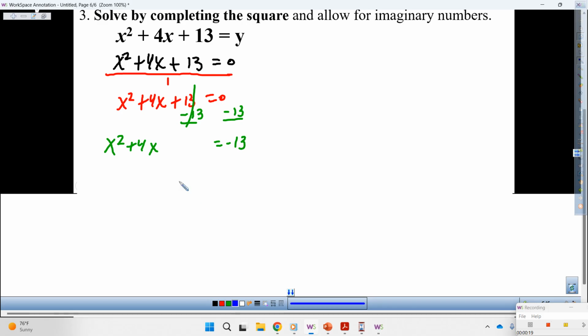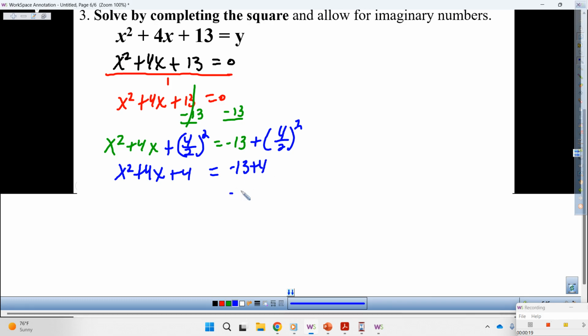Caitlin, what do I do? Add 4 over 2 squared to each side. That is correct, and we end up with x squared plus 4x plus 4 equals negative 13 plus 4, which is negative 9.